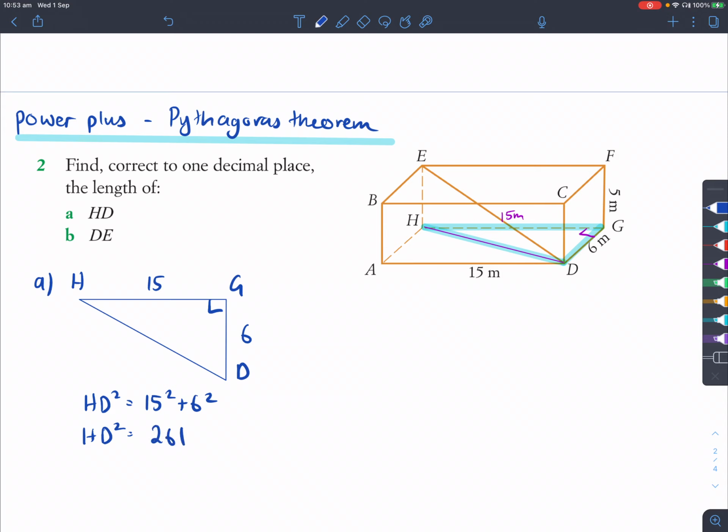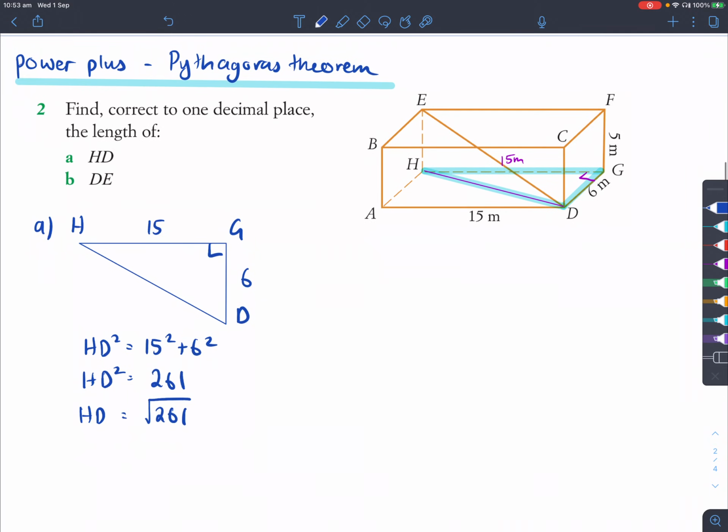Now, if I take the square root of both sides, I will be able to find out HD. So HD would equal the square root of 261, which is going to be 16.15 and so on. If I round that to one decimal place, like it says, it'll be 16.2 meters.